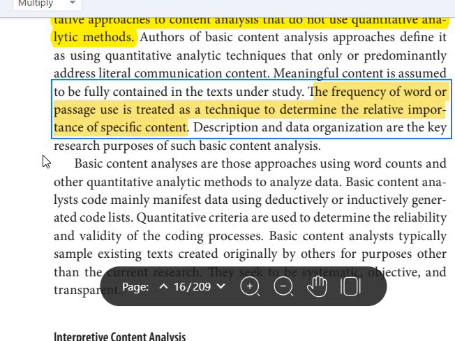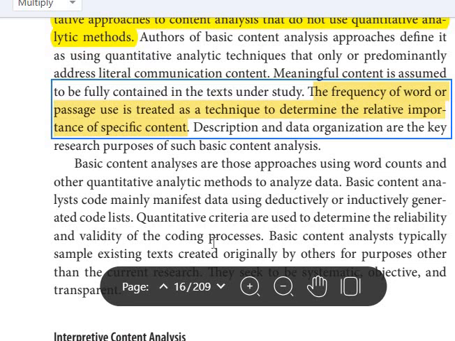Okay, here it also says that the basic content analysis are those approaches using word counts and other quantitative analytic methods to analyze data. Basic content analysts code mainly manifest data using deductively or inductively generated code lists. Quantitative criteria are used to determine the reliability and validity of the coding processes.